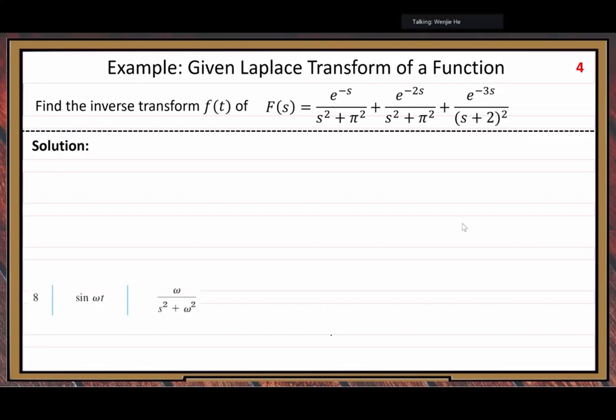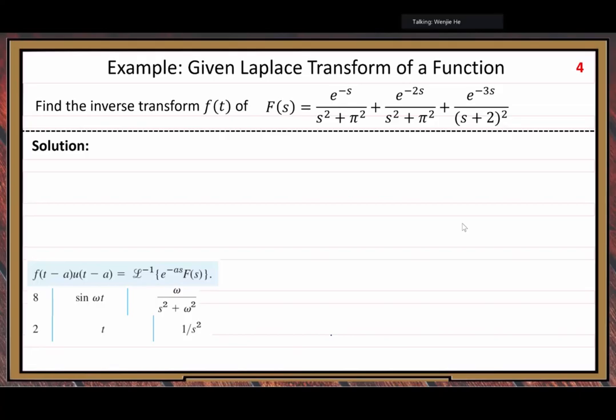Solution. So for the second fraction, we need to use the sine formula. For the third fraction, 1 over s squared, we need to use this formula. Two basic formulas.